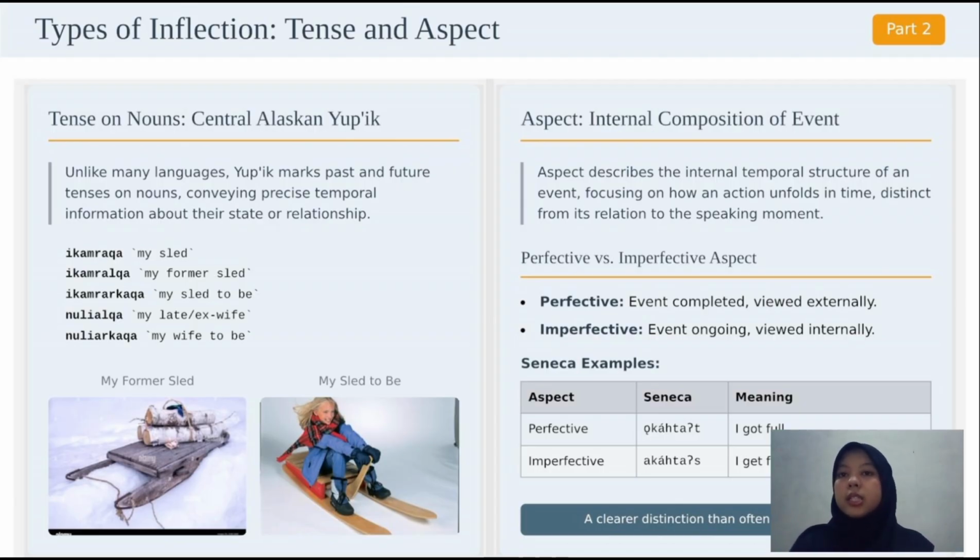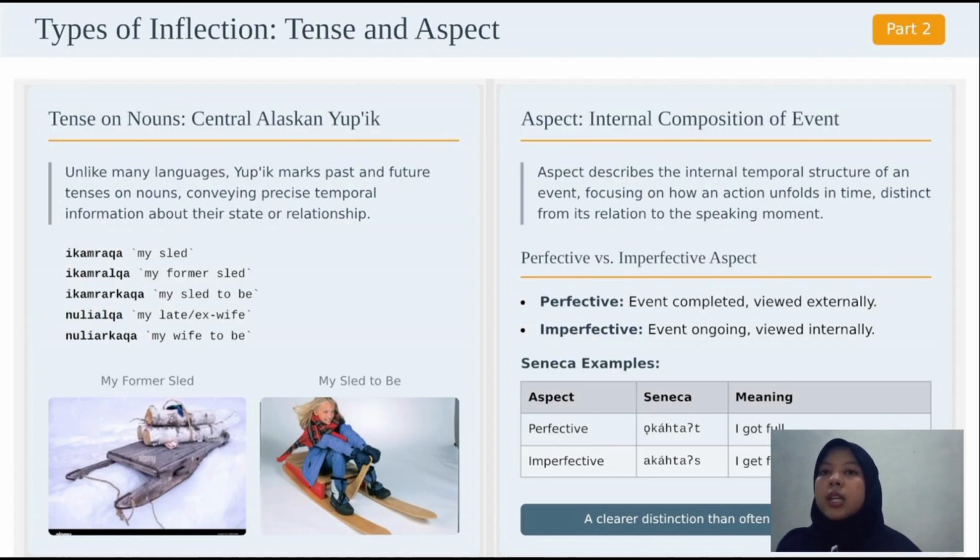The next example is nulialqa, which means my former wife or my late wife. Again, the suffix -lqa shows the past, so it refers to someone who was my wife before. And finally, we have nuliarkaqa, which means my wife to be.